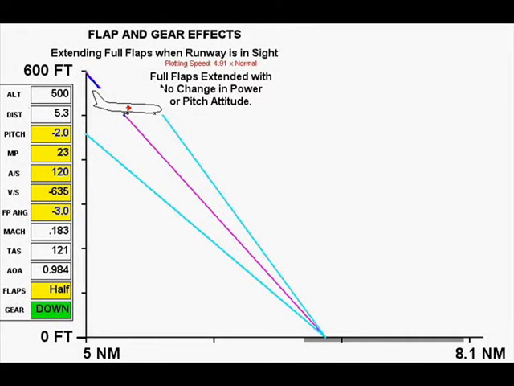An option during an approach with high ceilings and good visibilities is to apply flaps and slow down after entering visual conditions.